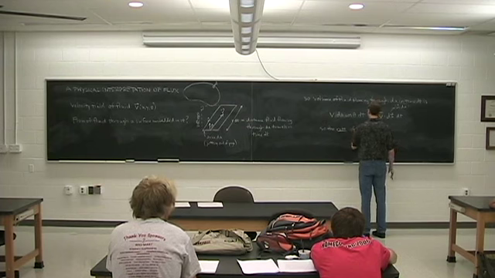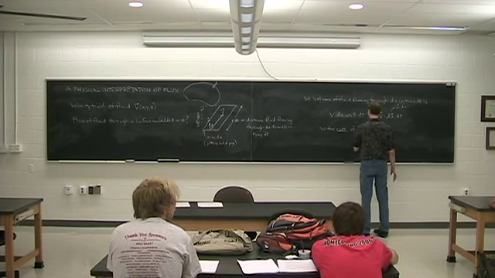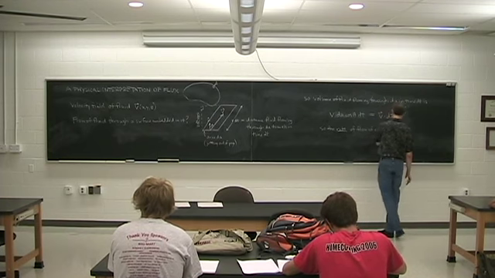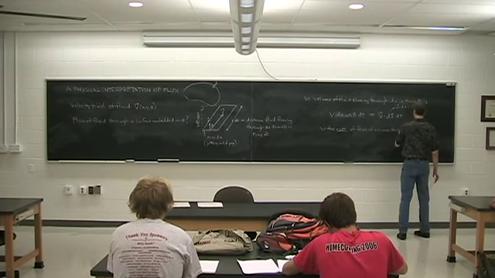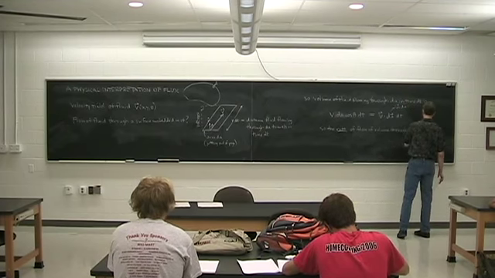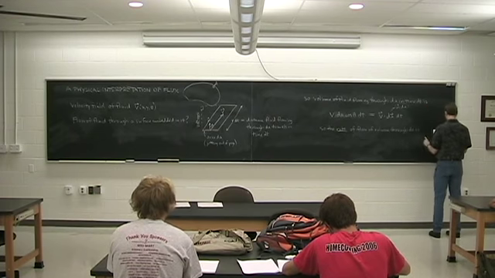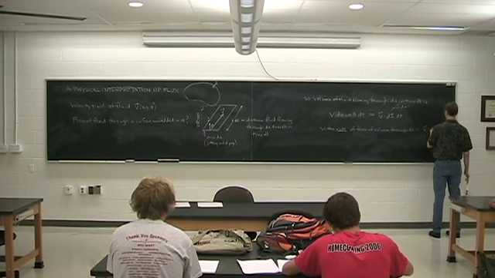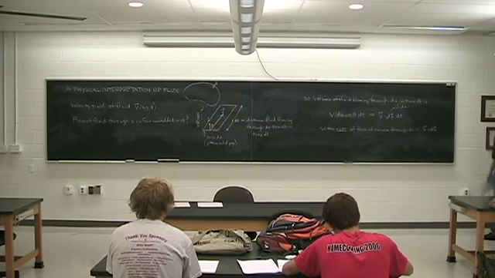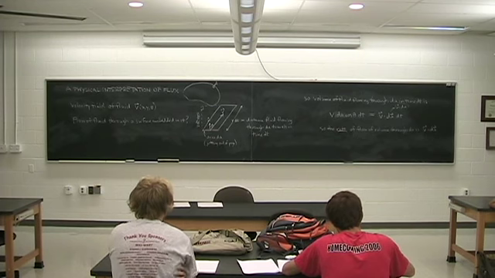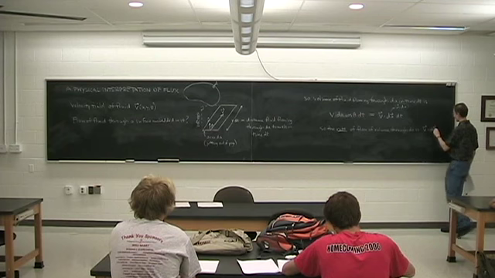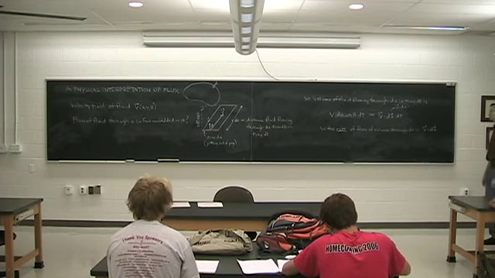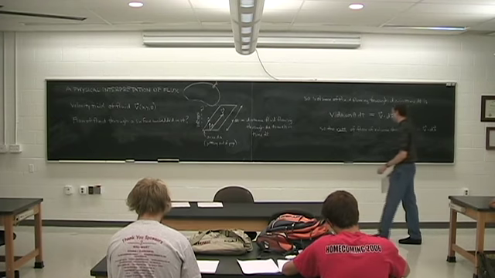So the rate of flow of volume through dA is v dot dA. You divide through by dt to get the rate, and you get v dot dA for the rate of flow of fluid through that little patch of area.